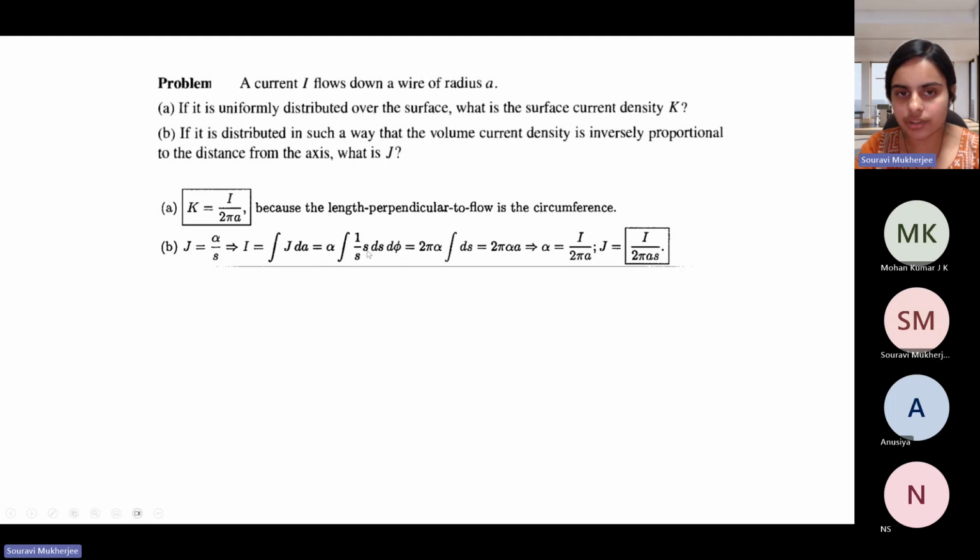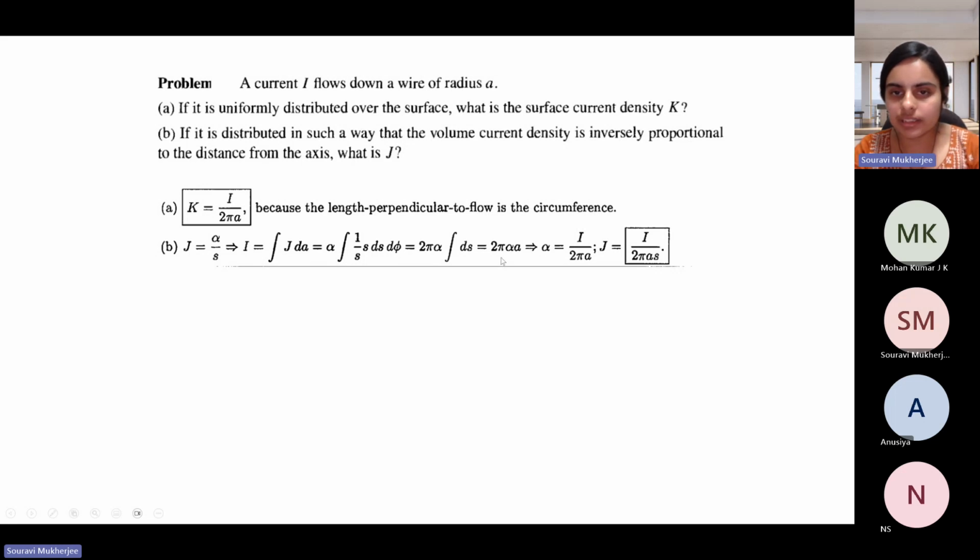So it's basically a wire, and you're using the cylindrical coordinate system, and this is how the perpendicular area would look like. This is the area element of the cylinder.